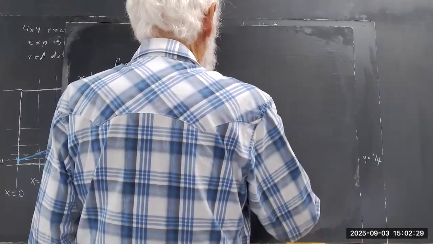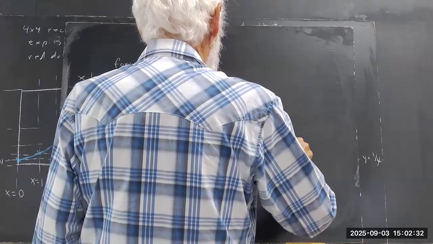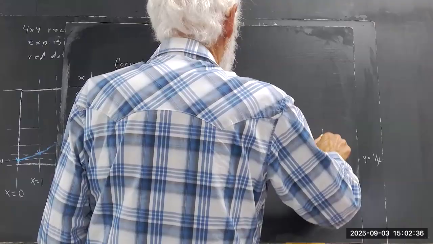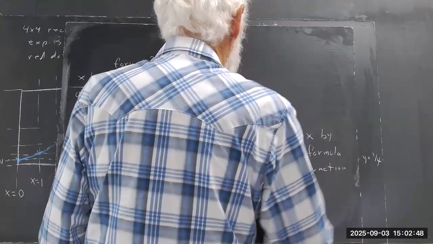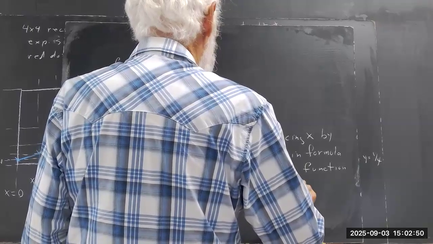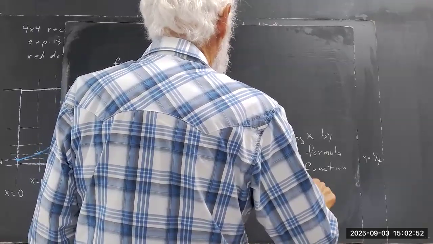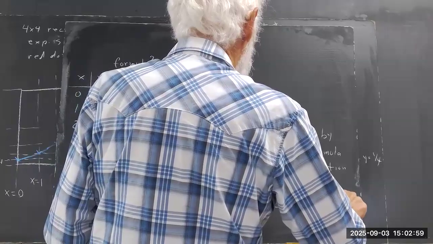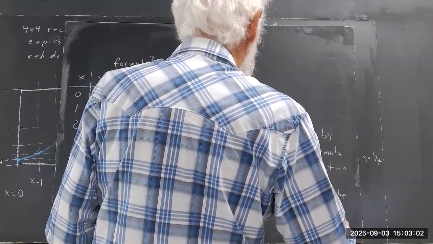And that is that replacing x by x minus 2 shifts the graph to the right.